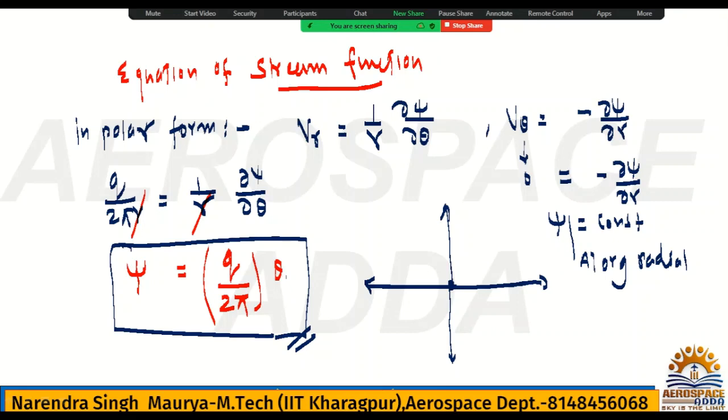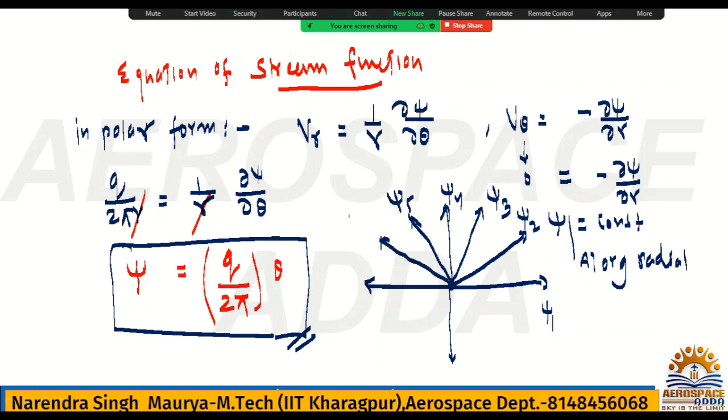If you are writing theta 1, you will get psi 1. Now another theta 2, so this will be psi 2, then psi 3, psi 4, psi 5, psi 6, psi 7.